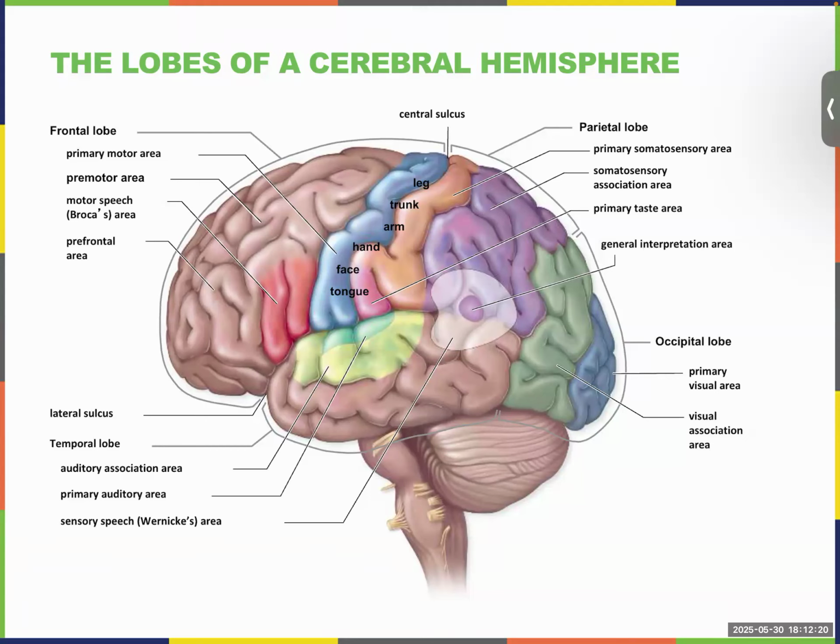The visual area, we can see it's over here in the occipital lobe. And then they have the parietal lobe, which has the primary somatosensory area. Then we have the temporal lobe over on the far left, which involves the auditory association area, primary auditory and sensory.